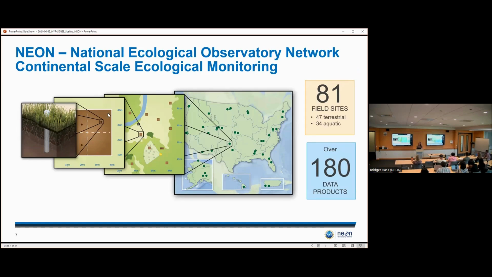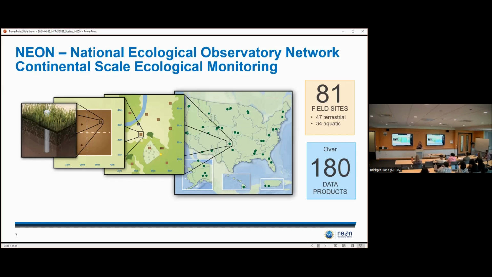We have these observational plots at about 40 meter by 40 meter scales where we collect observational data as well as instrumented data. We have towers with a tower airshed capturing instrumented measurements like eddy covariance and flux measurements. And then lastly, we have the Airborne Observation Platform that's collecting these regional scale areas.